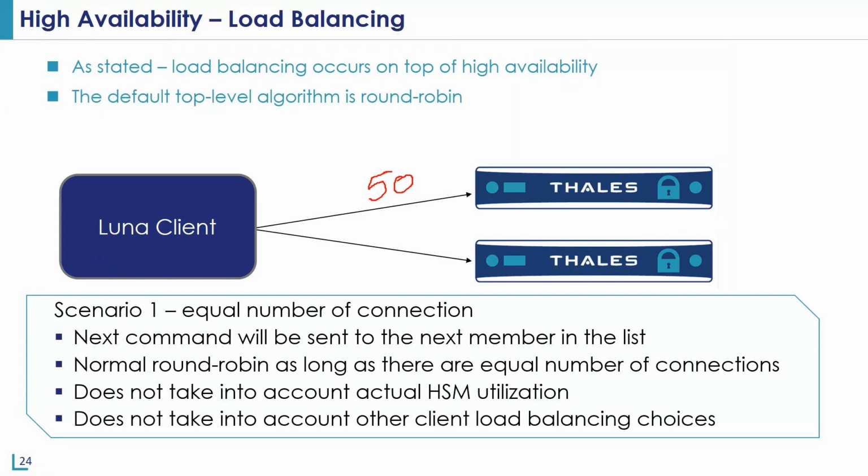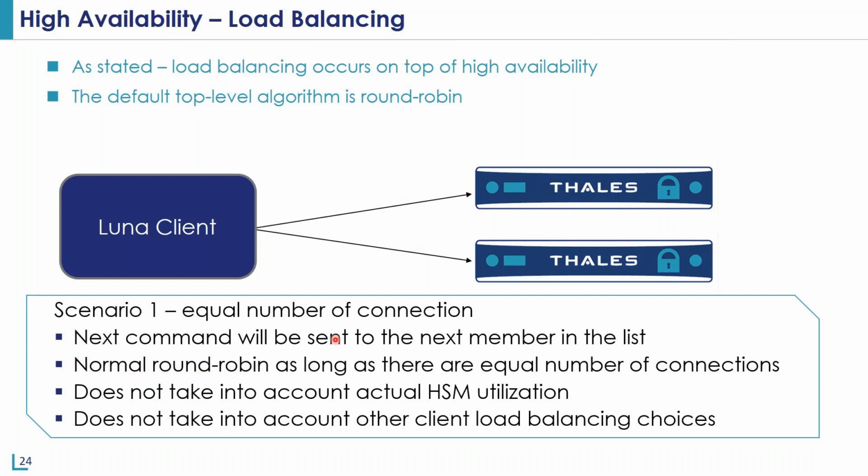On HSM number 2, another 50 requests are in queue. In this example, we call it normal round robin. When you have an equal number of connections pending on your HA members, the next request will randomly go either to HSM number 1 or HSM number 2.